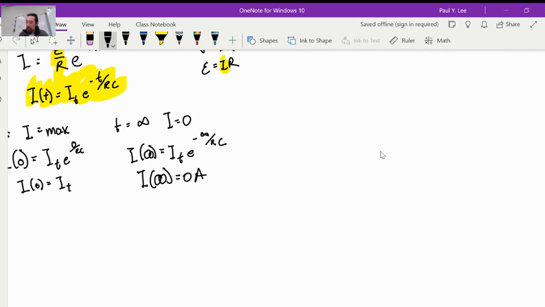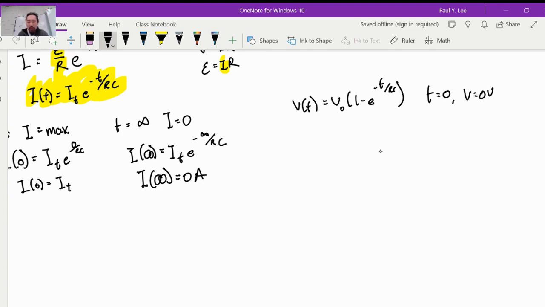Now, what about the voltage, you might ask? If we take a look at the voltage formula, we see that V of t equals V naught times 1 minus e to the negative t over RC. We said that when time is equal to 0, because there's no charge on the capacitor, the voltage should be 0 volts.